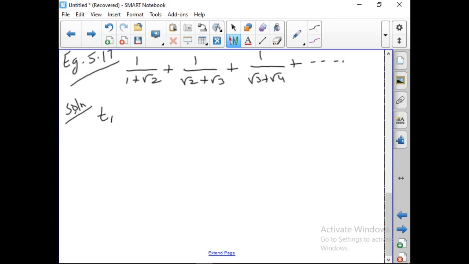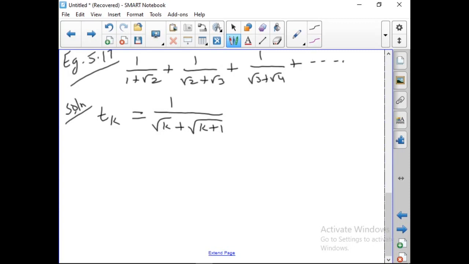Let Tk be the kth term. So what about that kth term? How will you write the kth term? 1 by root k plus root k plus 1. Because when you put k is equal to 1, the first term comes, k equal to 2, the second term comes. Okay, so Tk is the general term.